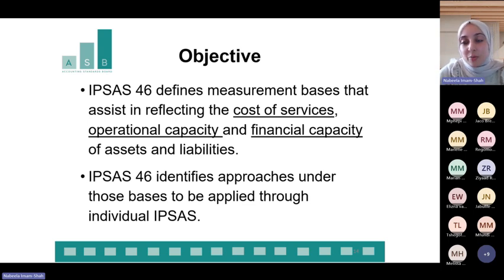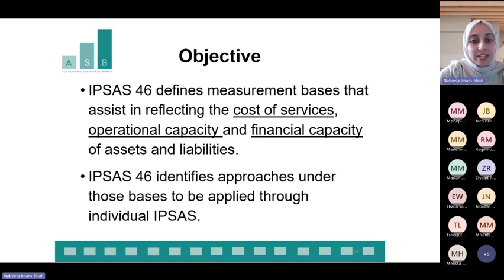This objective is aligned with the measurement objective in the conceptual framework, which explains that the measurement of assets and liabilities should be used to reflect, firstly, the cost of services, that is the cost of services provided in the period, either in historical or current terms, operational capacity, that is the capacity of an entity to support the provision of services through physical and other resources, and financial capacity, that is the capacity of an entity to fund its activities.